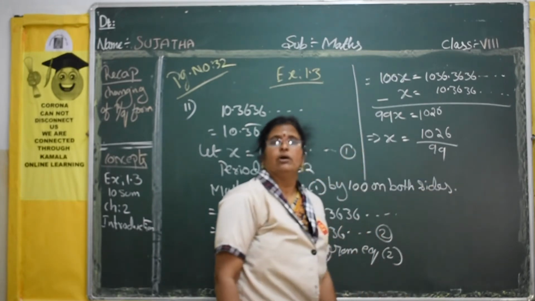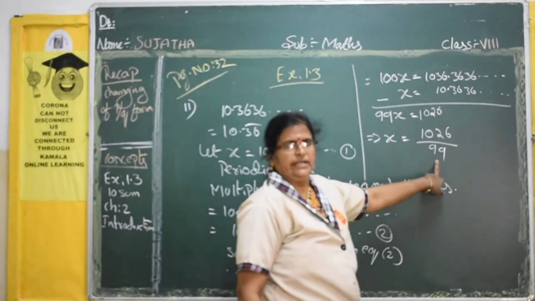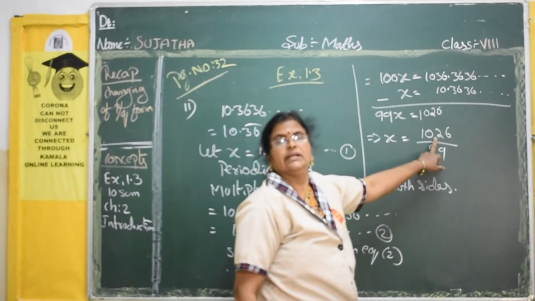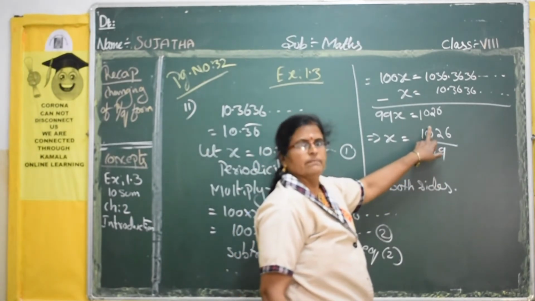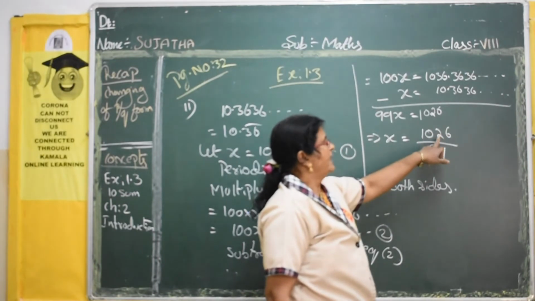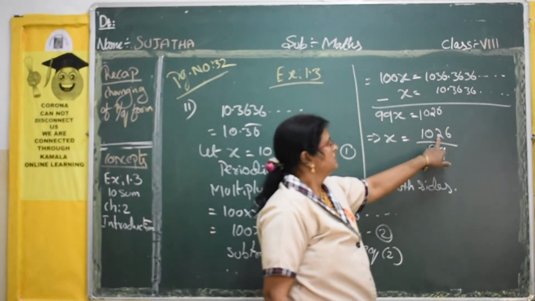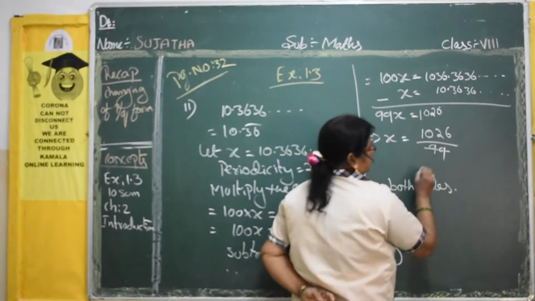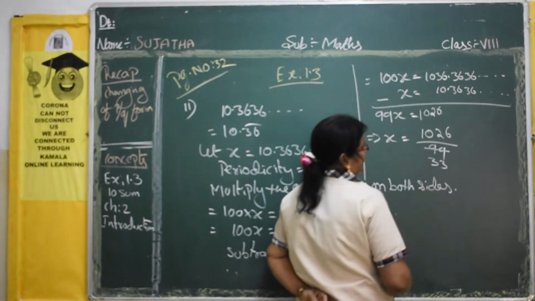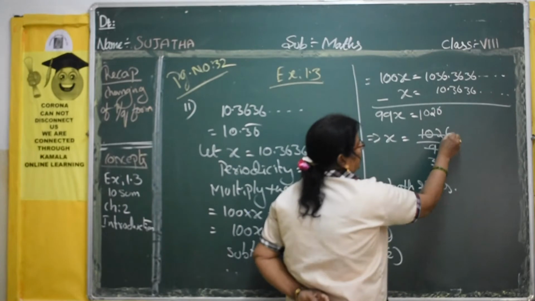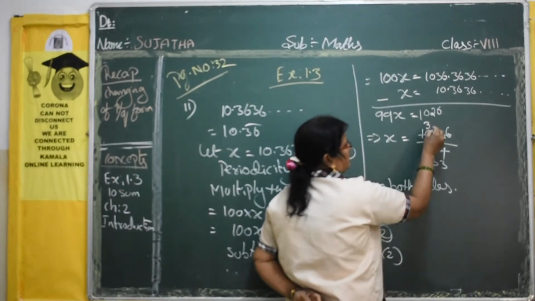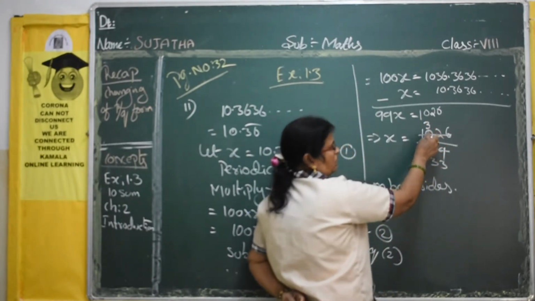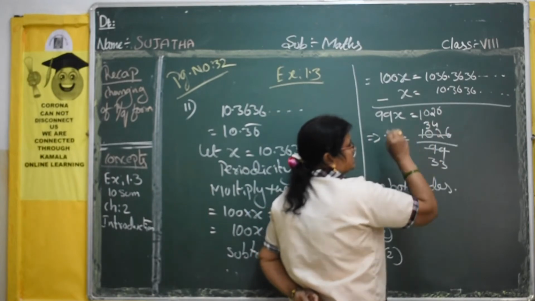Now see, is there any common table? It will go in the 3 table, we will check. 3 3s are 9, 10 minus 9, 1 carry; 3 4s are 12. Now we can cancel it. 3 3s are 99 here. Again in the 3 table: 3 3s are 9, 1 carry; 3 4s are 12.